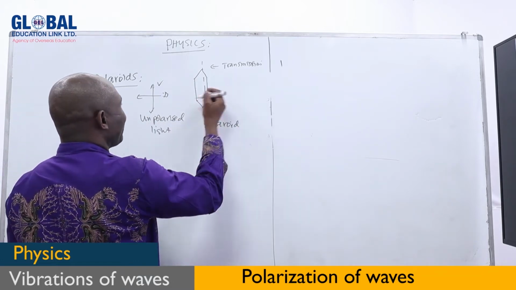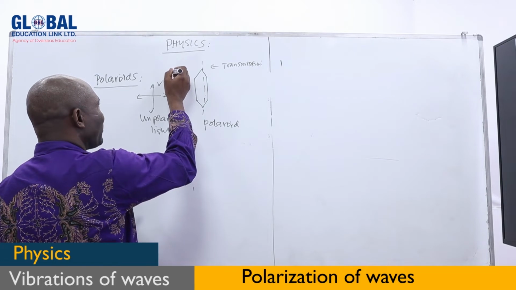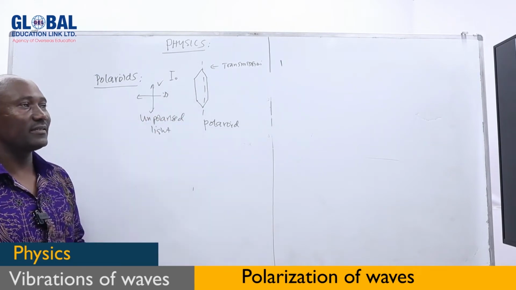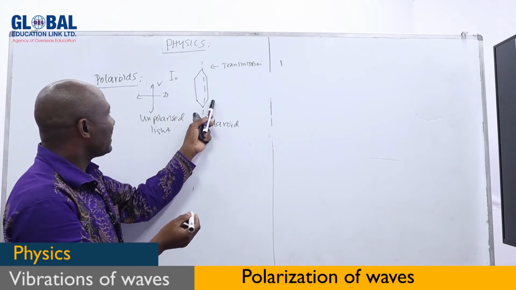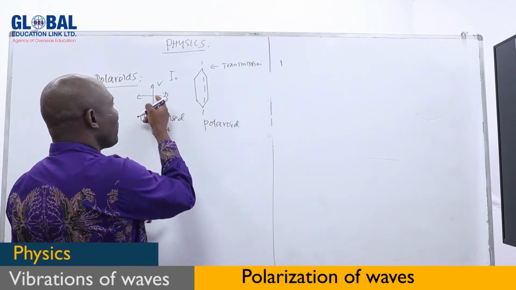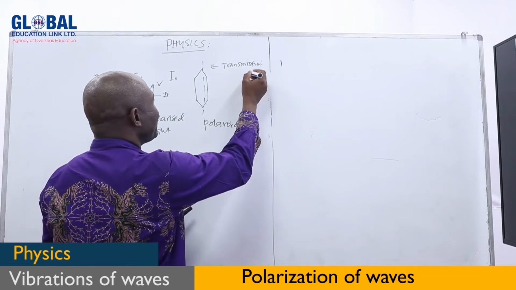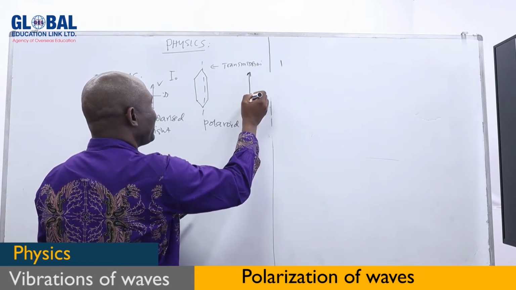So the intensity of the light here, after being produced, is I naught. This is the intensity of the unpolarized light. After being allowed to pass here, one component has been absorbed, blocked. So the remaining component will be vertical, this component here.